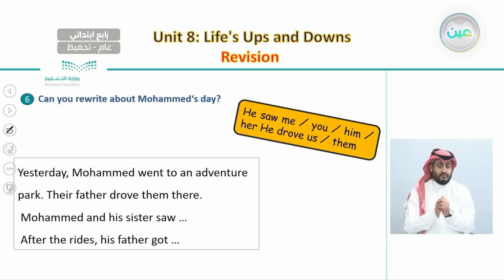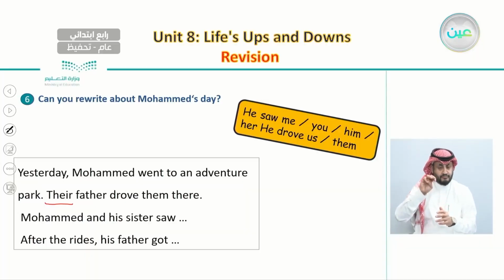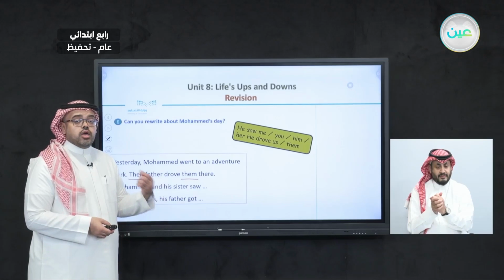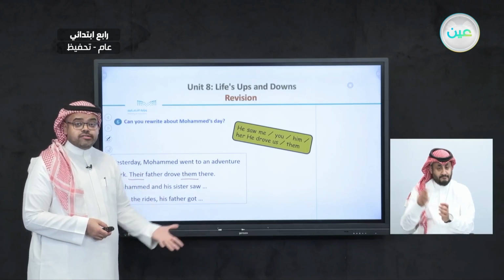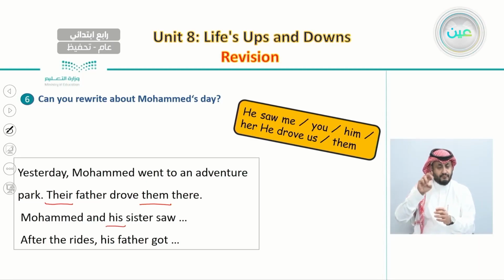So instead of my father, we can use their father. And instead of Muhammad saying, my father drove us, we can rewrite it and talk about them. We can say, he drove them. And instead of Muhammad saying me and my sister, we can change my sister to his sister.